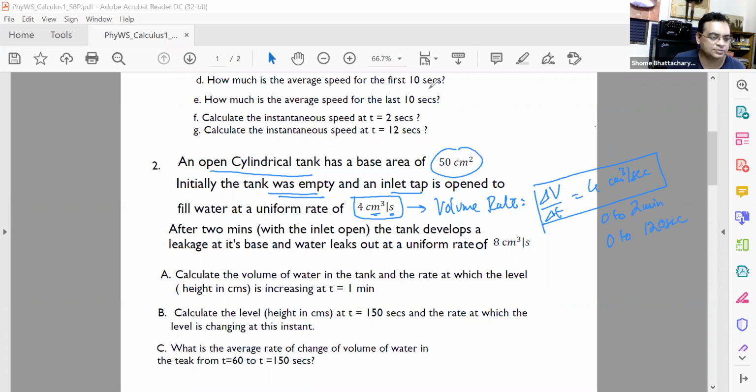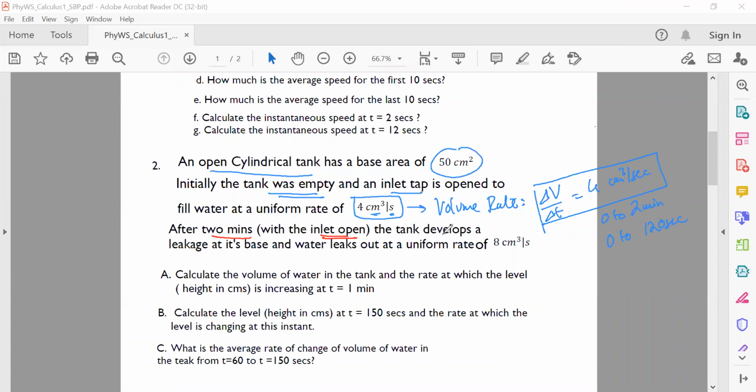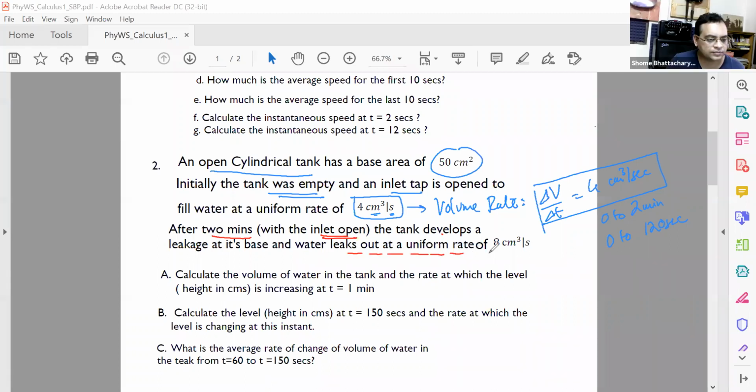Because after that, again, something else is happening. After 2 minutes, the inlet is still open, but the tank also develops a leakage. So after 2 minutes onwards, what is happening is that the rate of change of volume will be equal to the rate of inlet minus the rate of leakage.